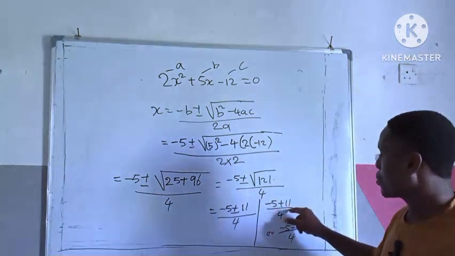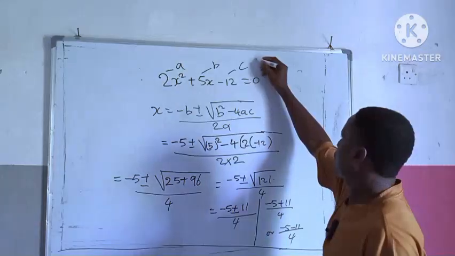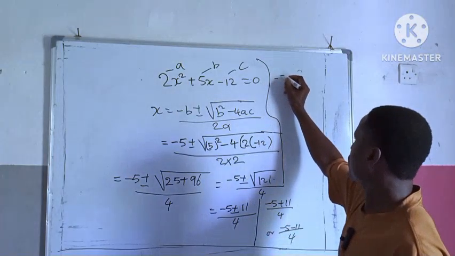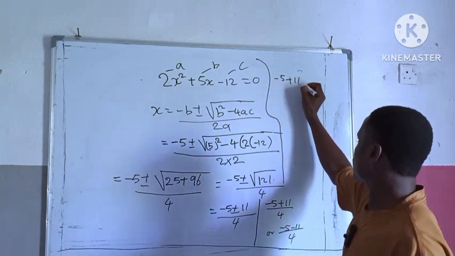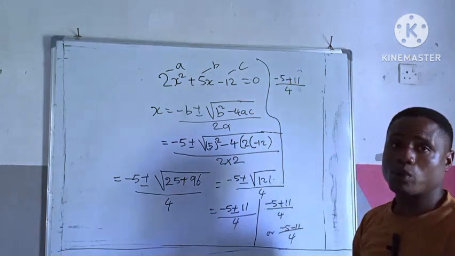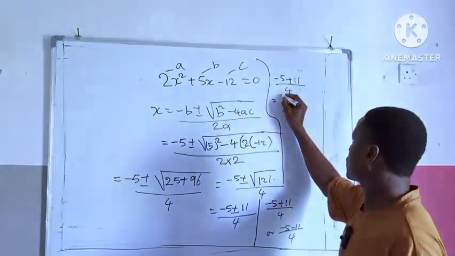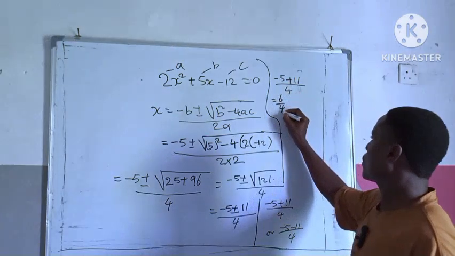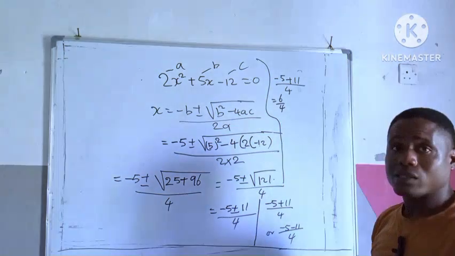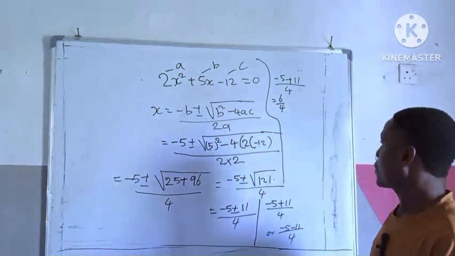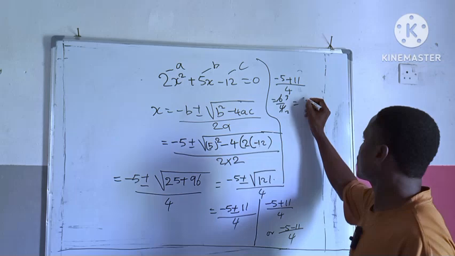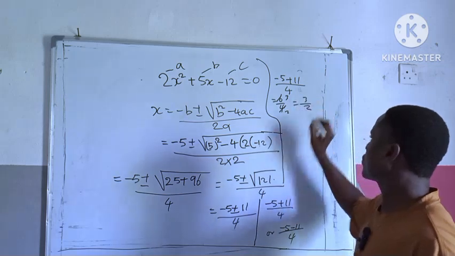Minus 5 plus 11 all over 4 gives us 6 divided by 4. This is the answer, but we can still divide these numbers: 2 goes in 6 three times, and 2 goes in 4 twice. So the first answer is 3 over 2.